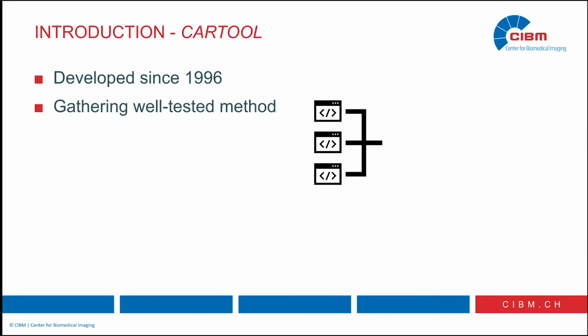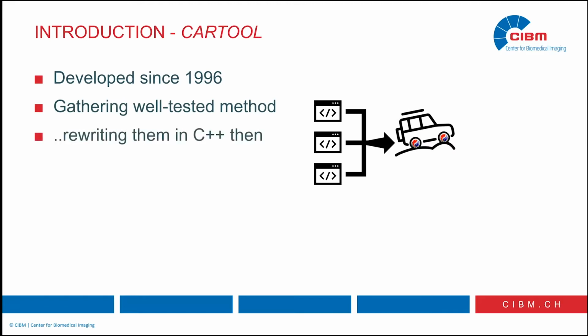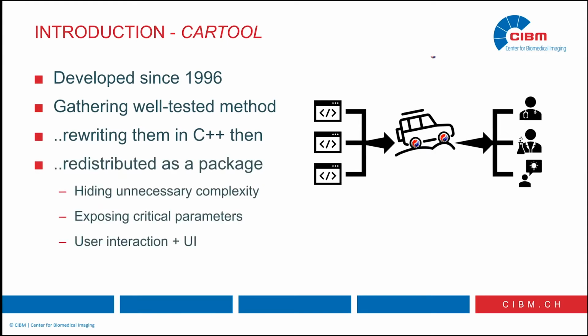And at one point, we need to group them into a single package. So what I do, I just rewrite the toolbox that existed from different people. I rewrite them in C++ and put them into Cartool, the toolbox. Once it's done, you can redistribute it to other people.